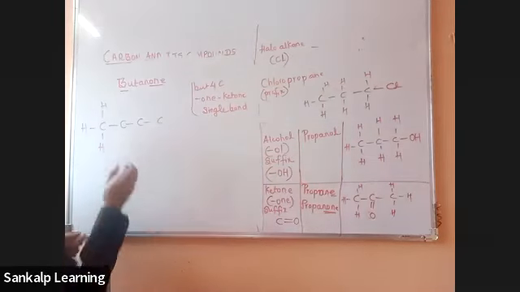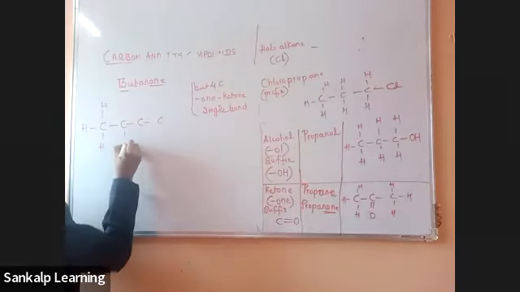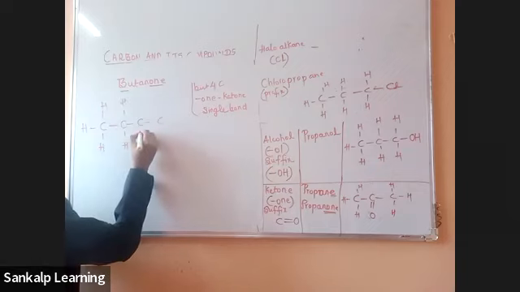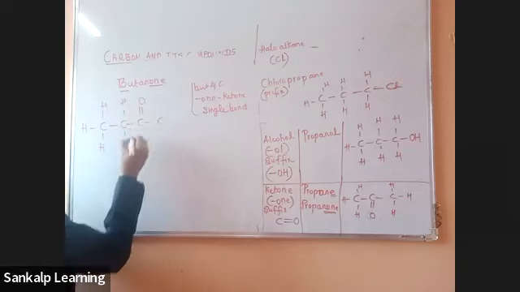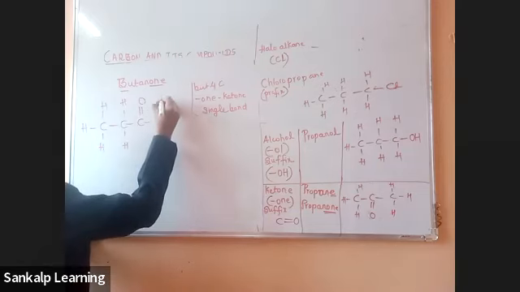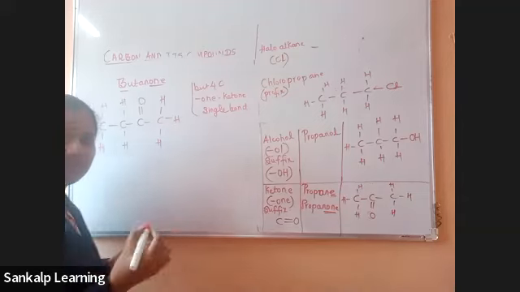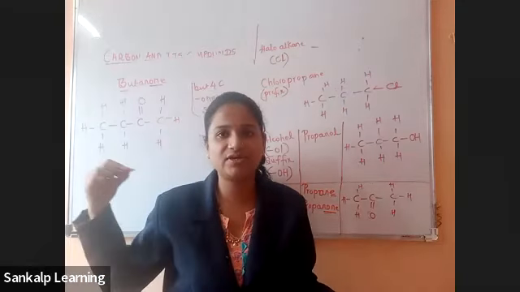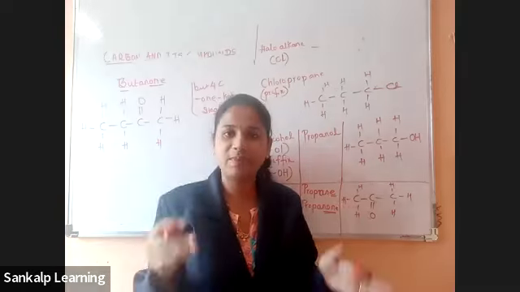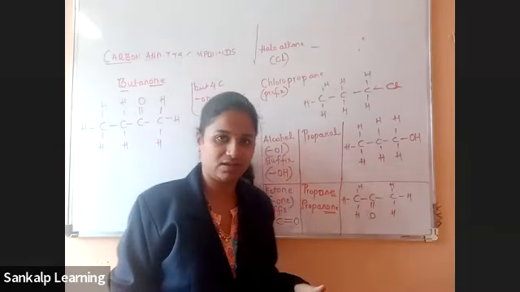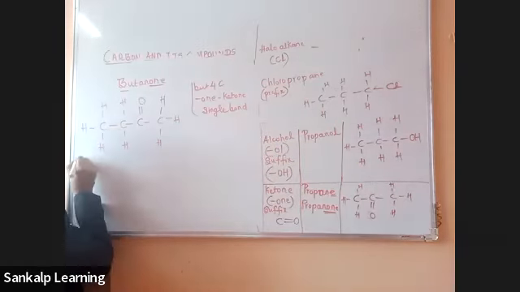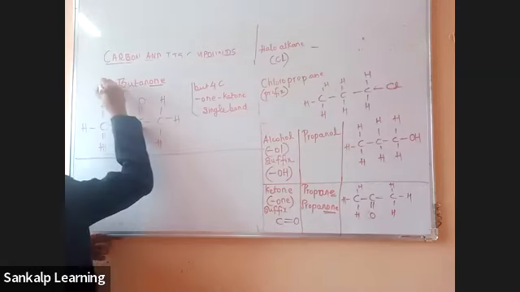So here also H, here also H, and here I will write double bond O. So that 1, 2, 3, 4, no need of H. Here I will write H, H, H. It is up to you, wherever you can place the functional group, as of 10th standard. So this is the structure of butanone, right?